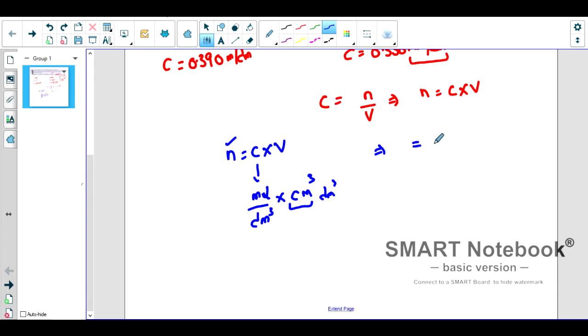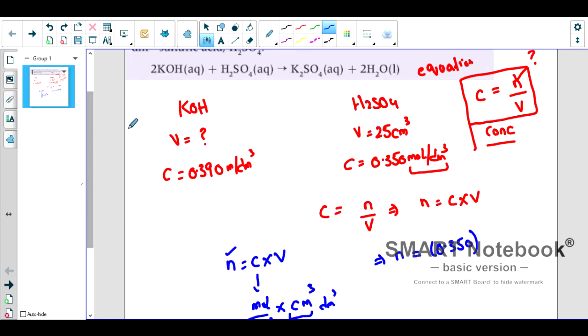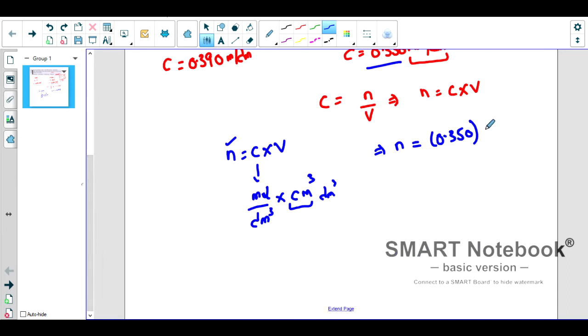So you want to calculate the number of moles. What is the concentration? Concentration is 0.350, and the volume is 25 centimeter cube. When we convert it into decimeter cube, it will be 0.0250 decimeter cube. So how much will you get?